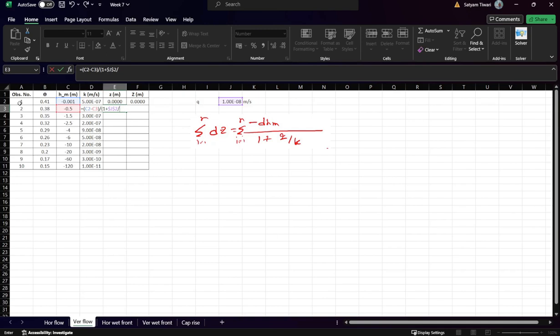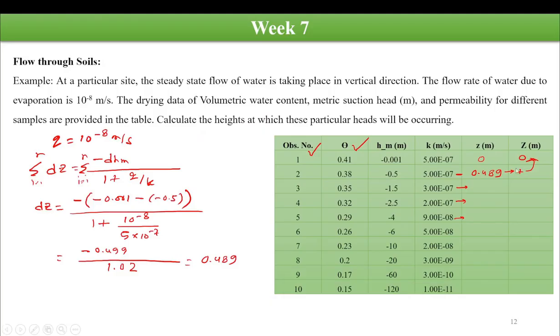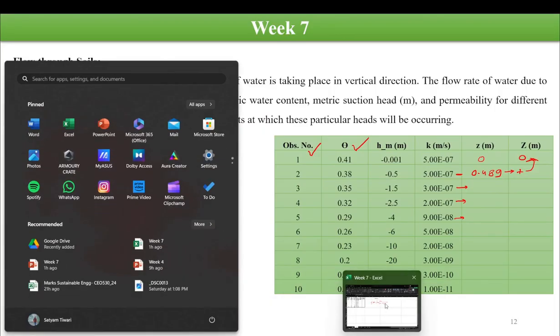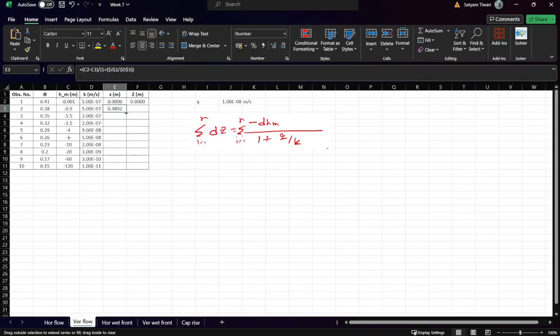The value of k is in D3. So we'll write D3 and we'll lock this one also. Okay. And let's take care of the brackets. So it's going to be 0.4892, as we have observed here also, 0.489. So if we use the similar formula for all the values, then we'll observe the values of Z, or the depth at which these particular hydraulic matric suction values are being observed.